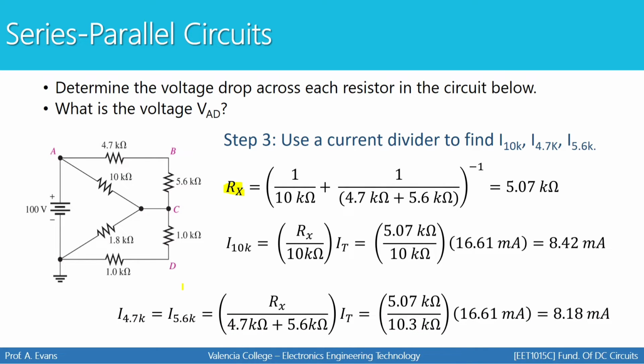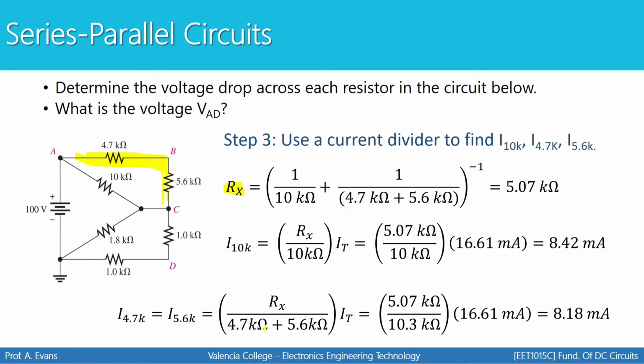The 4.7K and the 5.6K are in series. They have the same current. When we set up our current divider formula, the total resistance will go on top, and on the bottom will be the total resistance of this path. That's why you see these combined. We want the current through this branch, and there are two resistances on that branch.